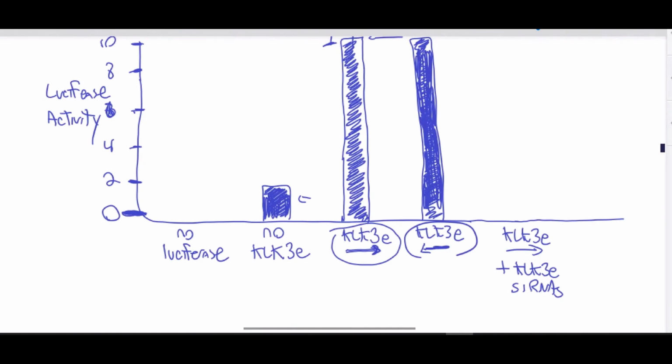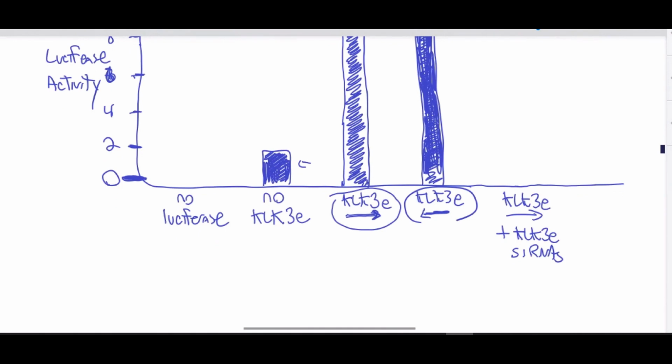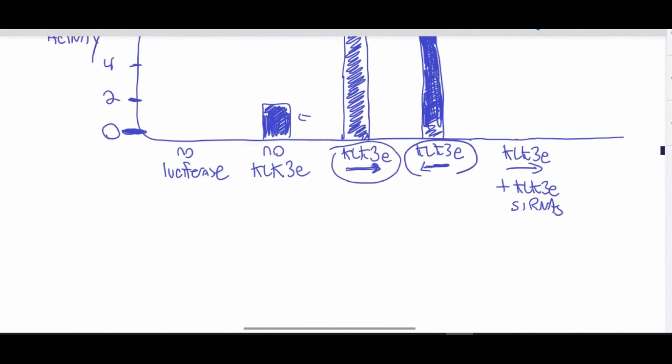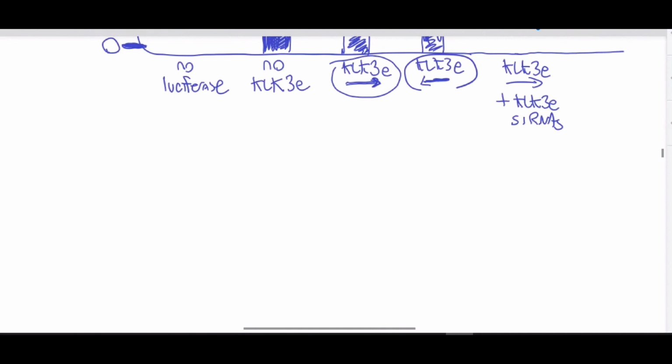And some of you might remember from 219 genetics what siRNAs do. We're going to review those in an upcoming lecture. But for now, just know that eukaryotic cells have a mechanism called RNAi, for RNA interference.